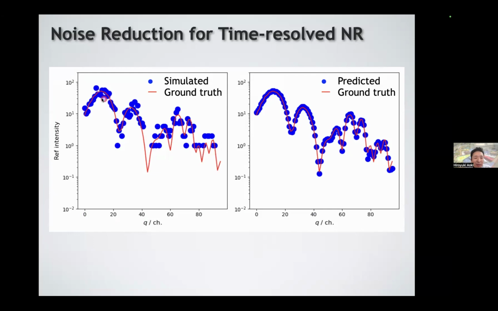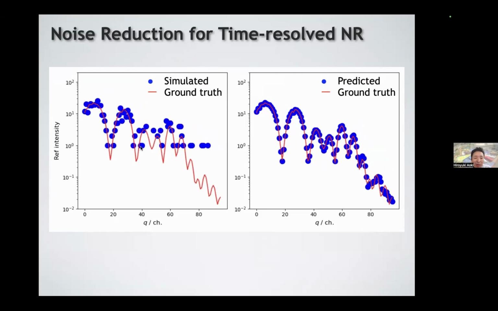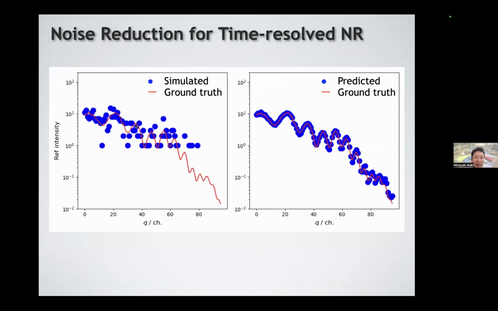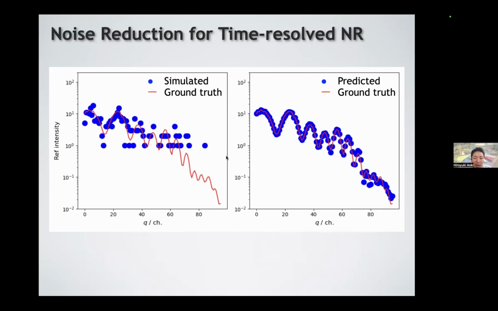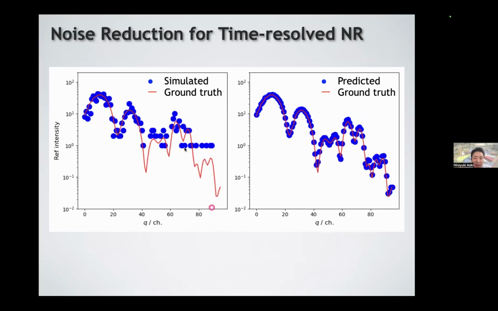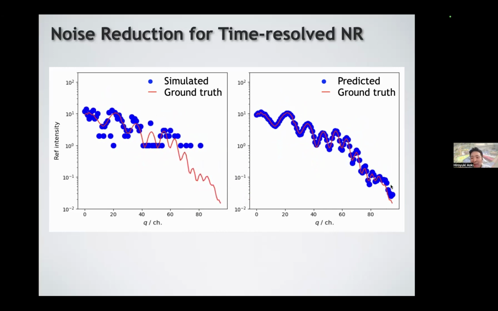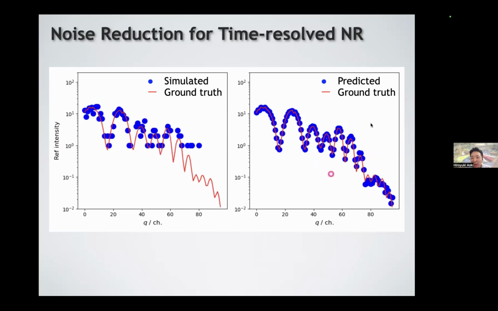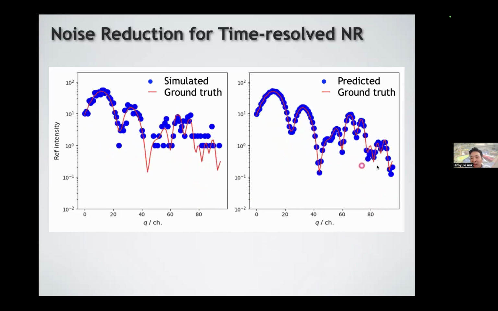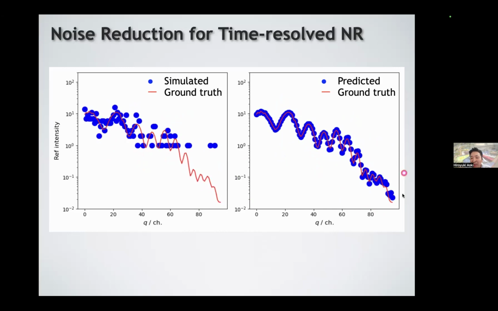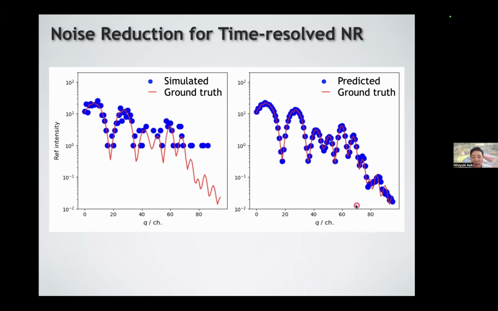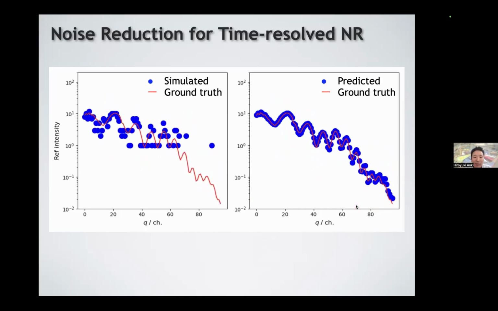The blue dots are the simulated time-dependent noisy data, and this is the data predicted by our CNN. In the time-dependent data, we cannot see any features in the high Q region. But after the data processing with deep learning, we can see the fringe structure, in such a time-resolved neutron reflectometry experiment with such a short time bin.